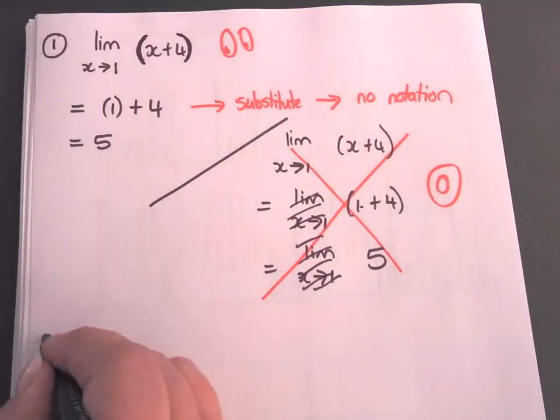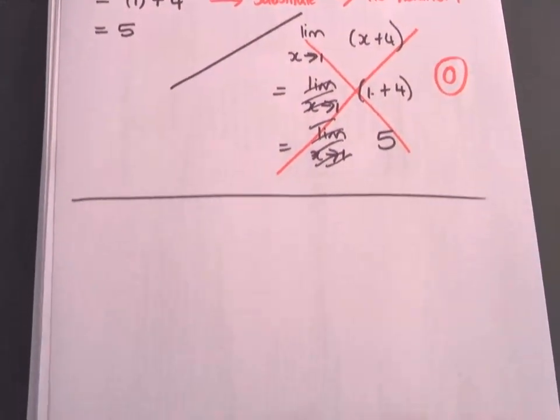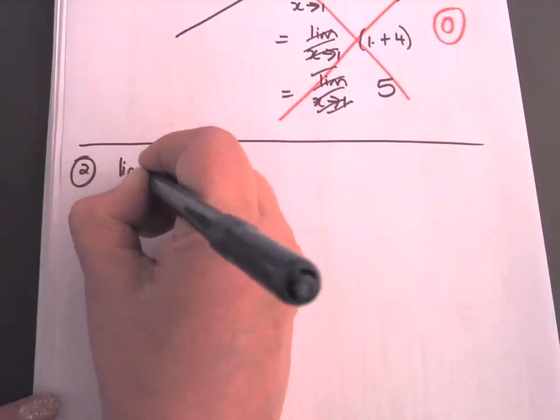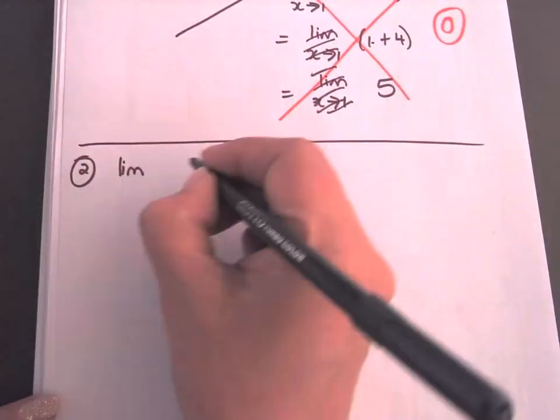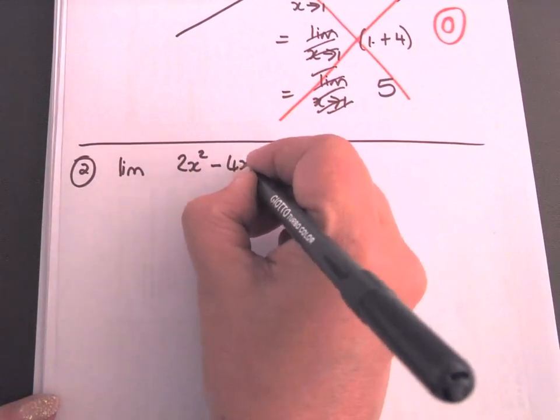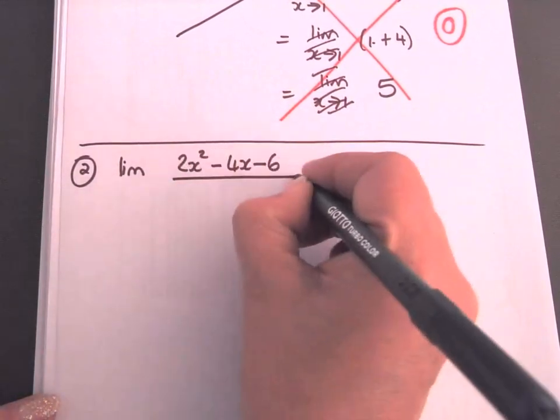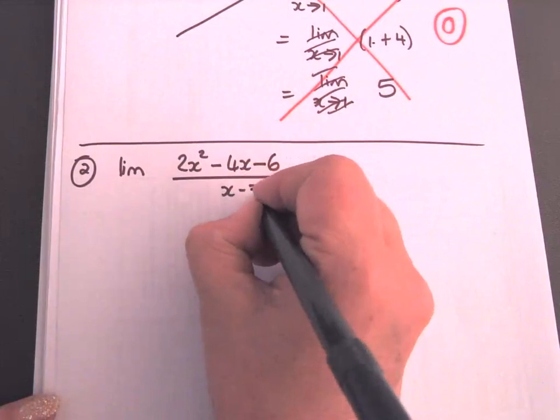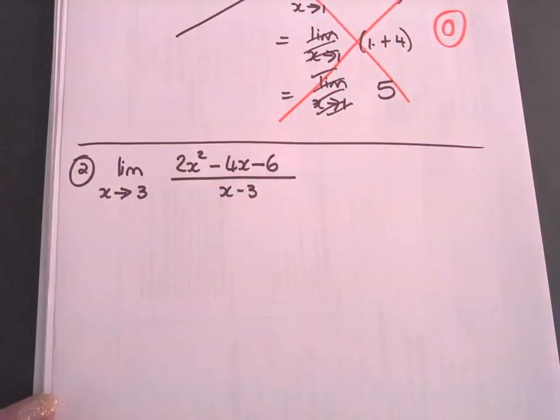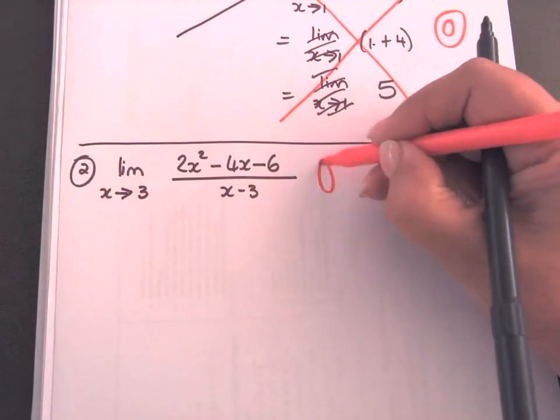Okay, let's look at another question. What is the limit of 2x squared minus 4x minus 6 over x minus 3 if x tends to 3? Step number 1, look.